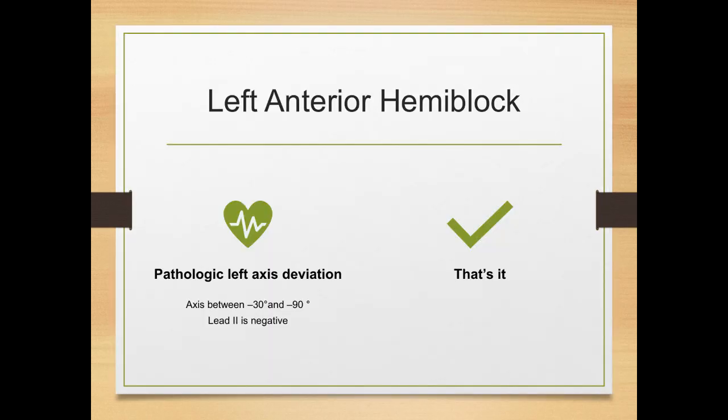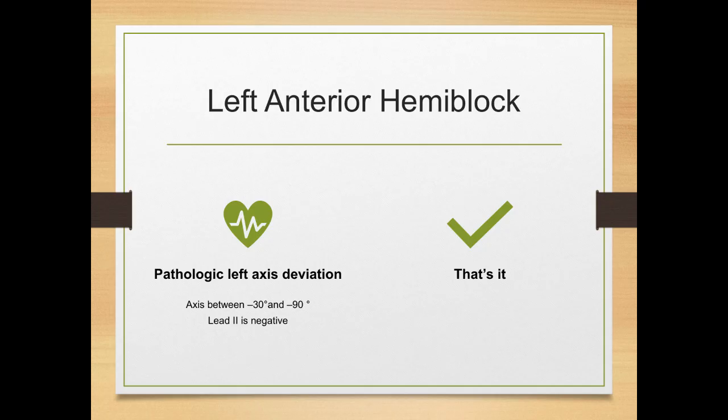left anterior hemiblock is pathologic left axis deviation. I promised you that would come back. Here it is. Pathologic versus physiologic. We broke it apart for a reason, and here's the reason. Left anterior hemiblock is pathologic left axis deviation.